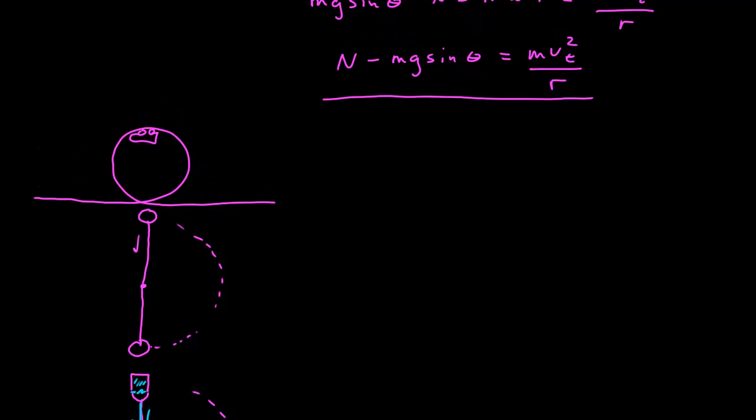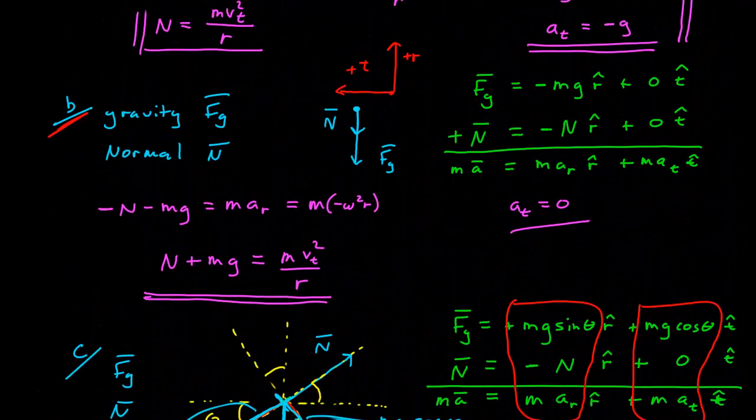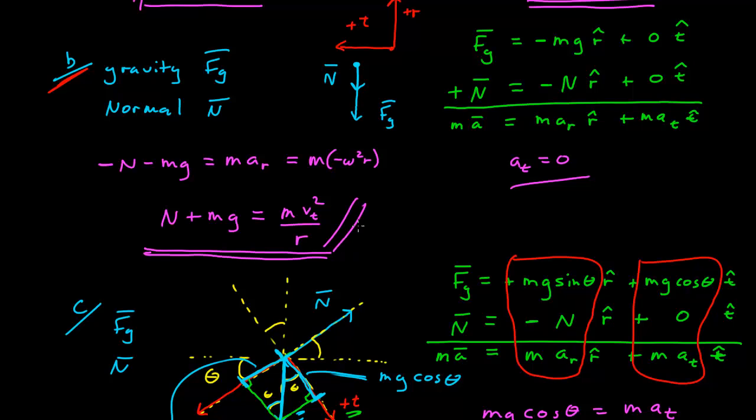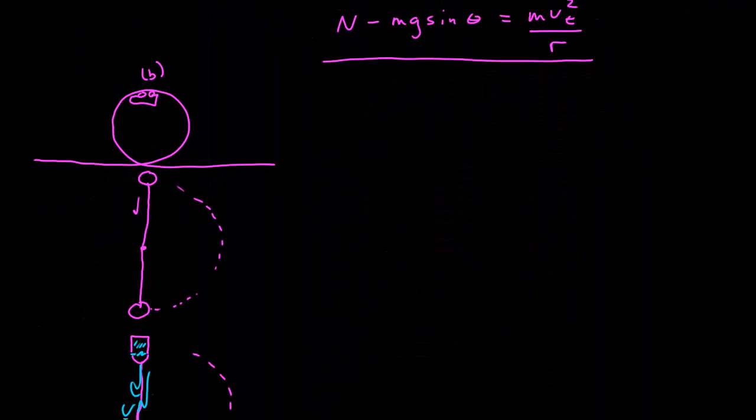Okay, so that is essentially the force analysis that we had before, which was at point B, which was here. And at this point, we found that the normal force of the track on the car, or the string on the ball, or the bucket on the water, plus the force due to gravity on the object is equal to the object's mass times its tangential velocity squared divided by the radius of the circle.